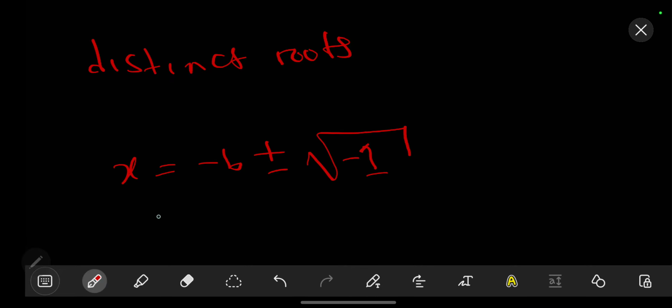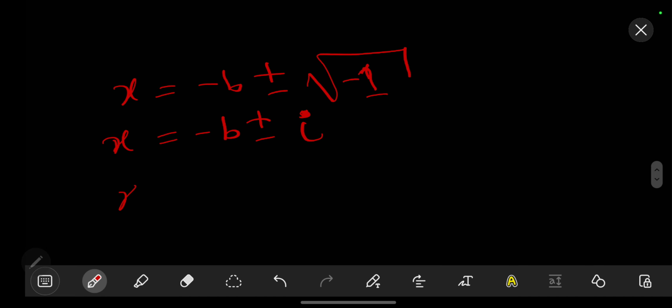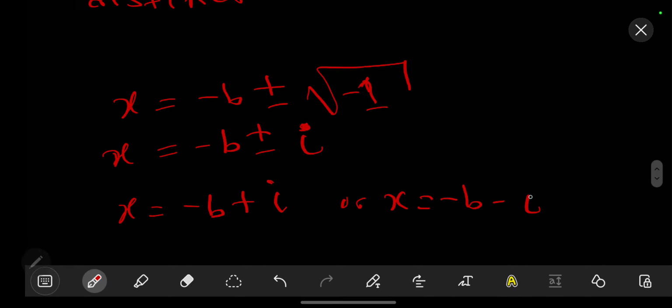You will find that you have negative b plus or minus the square root of negative 1, which is i. So you can say that either x is equal to negative b plus i, or x is equal to negative b minus i like that.